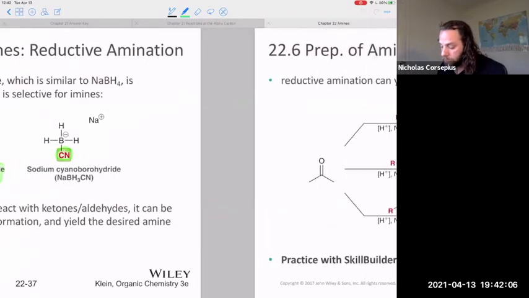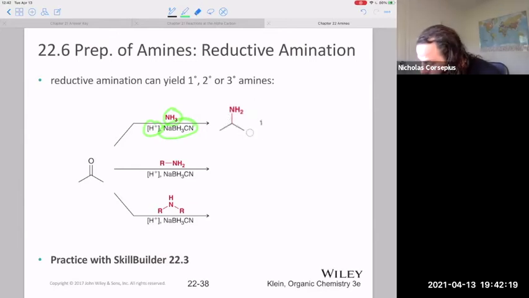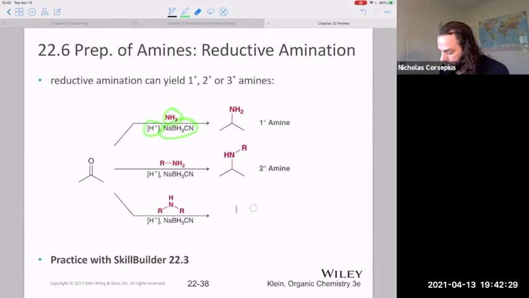So all together in one flask, you can throw your amine under acidic conditions with this sodium cyanoborohydride in one step, and that will produce your amine, okay? If you start out with ammonia, you'll get a primary amine. If you start out with a primary amine, you'll get a secondary amine. If you start out with a secondary amine, you can get a tertiary amine using this method.